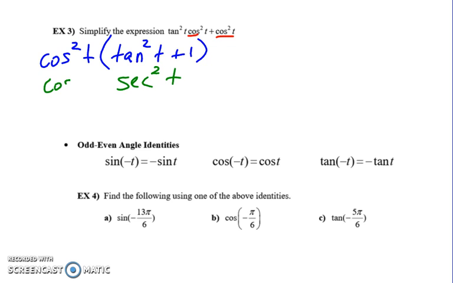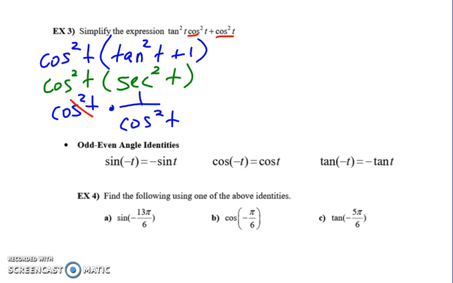So we're multiplying that by the cosine squared t. Remember, the secant squared is 1 over cosine squared t. So if we're multiplying that by cosine squared t, anything over itself is 1. So we're left with 1 being what it simplifies to.